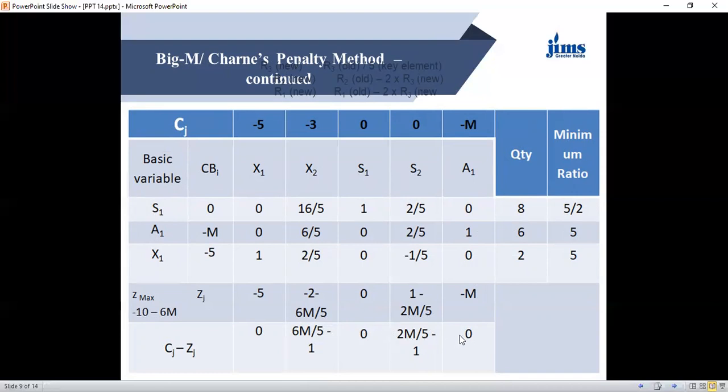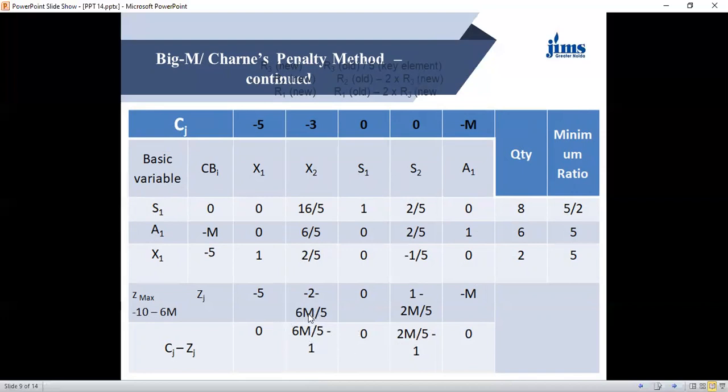So we calculate this. What is the maximum positive value here? We get two positive values. One is 6m by 5 minus 1, that is 1.2m minus 1, and the other is 2m by 5, meaning 0.4m. So this quantity is larger.